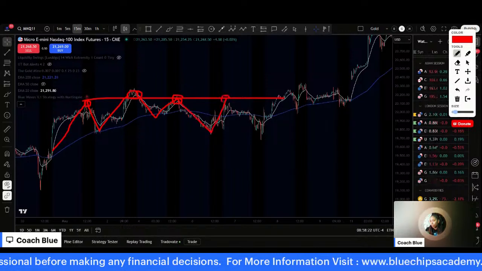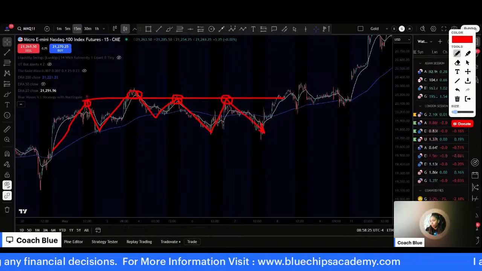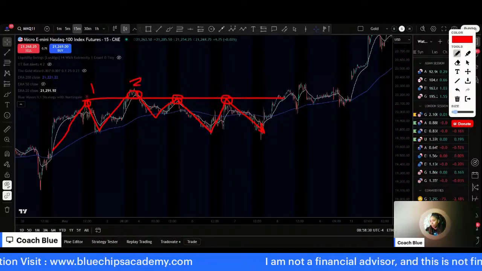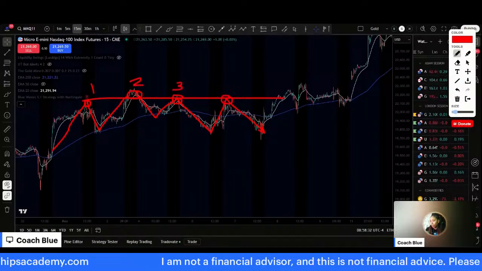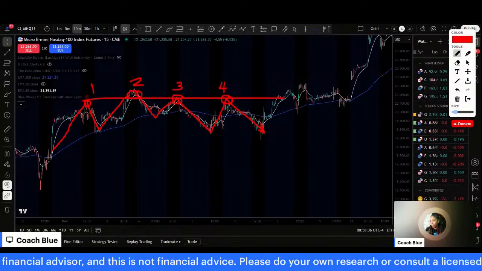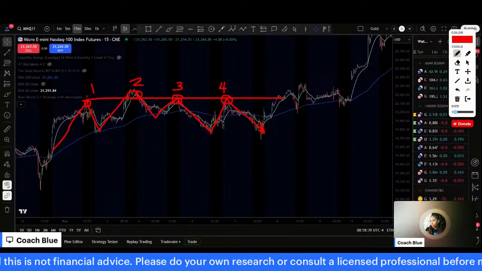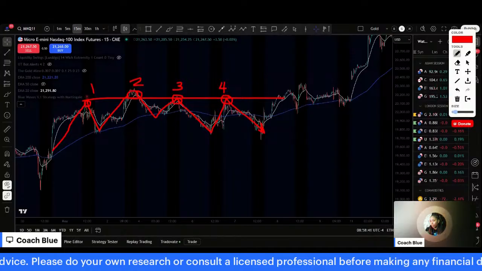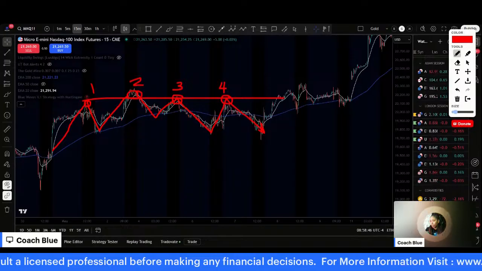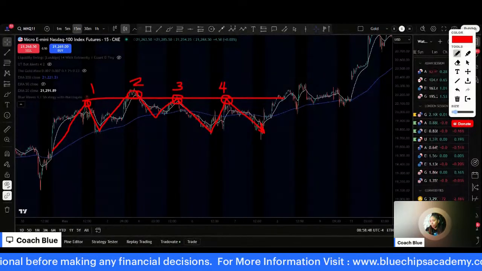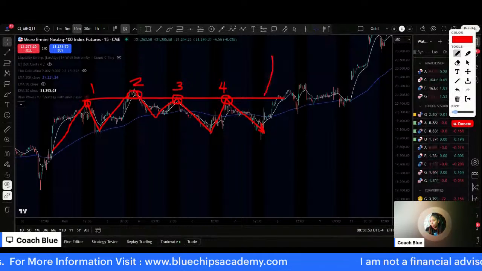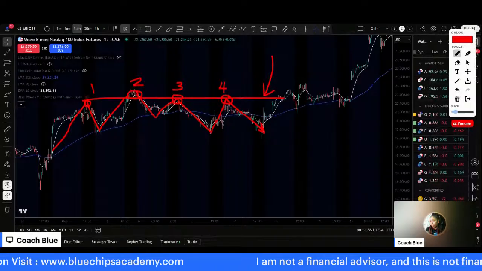Came back to the same area. Went down. So if you look left, this is 1, 2, 3, 4 levels of where price sold off at the same area. It doesn't have to be exact, but the same area. So this is a key level because there are more than 2 touches of price selling off around the same area. This is definitely a strong level of resistance.